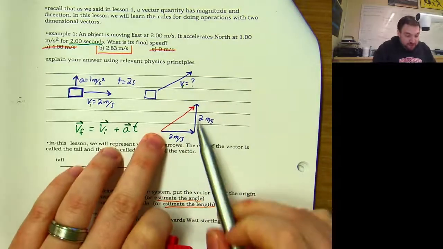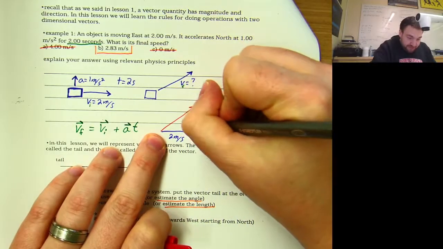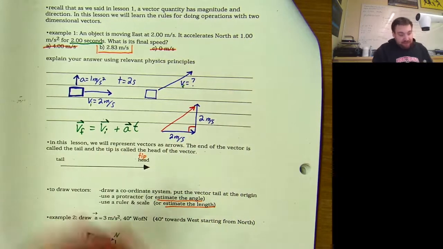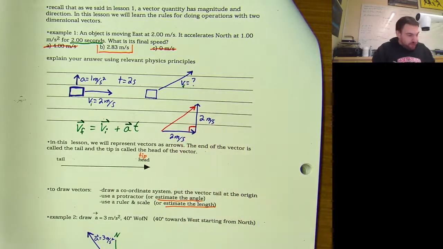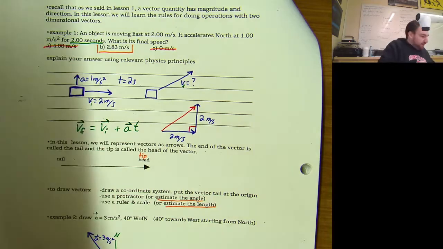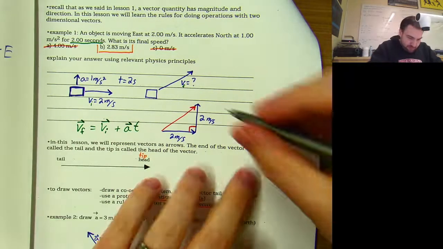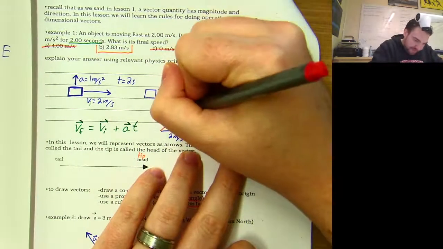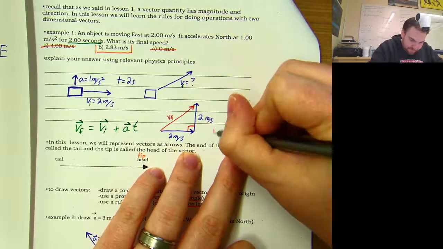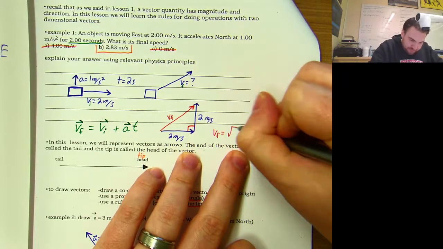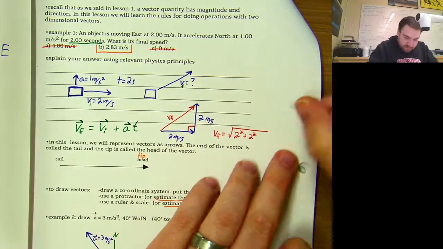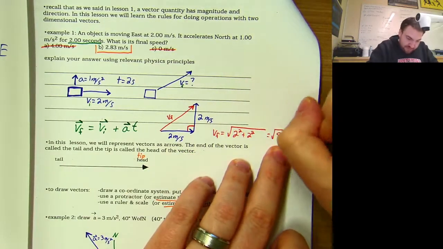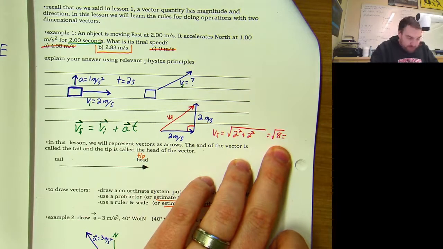This one's east, this one's north, so they're perpendicular to each other. So I can just use Pythagoras for this. I don't need cosine law because that's a 90. So we can see that this thing is going to be, we'll call this VF because that's what it is. VF is going to equal the square root of 2 squared plus 2 squared, which is the square root of 8, which is 2.83.